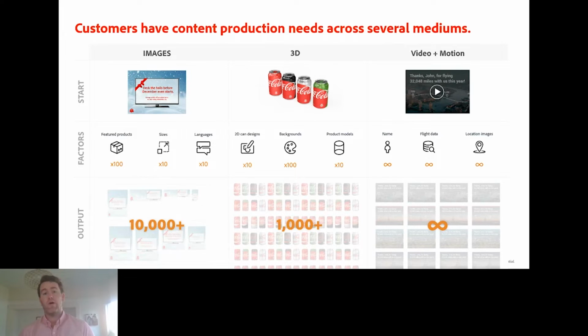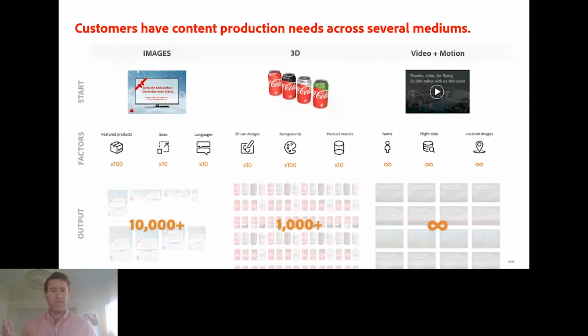And maybe you're a worldwide company. And so because you're a worldwide company, you not only need to create those 10 different sizes, but you need to create versions for each of the locations and languages that you're in. And so you can see really quickly those 100 products that you had soon become 10,000 plus.